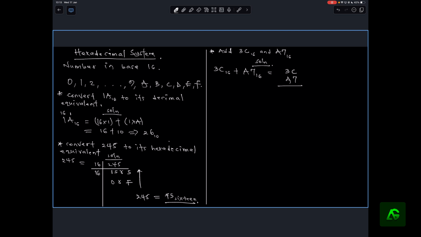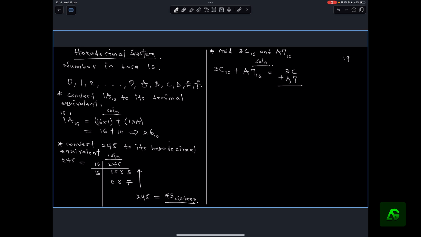So let's add. Now what is C plus 7? C represents 12. So that is 12 plus 7, that is 19.